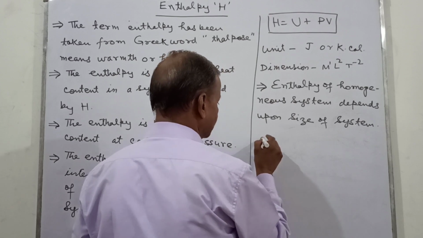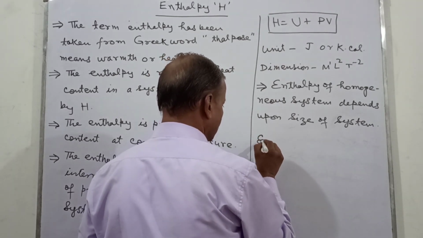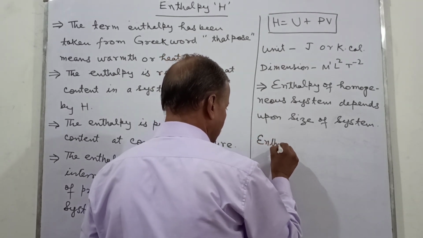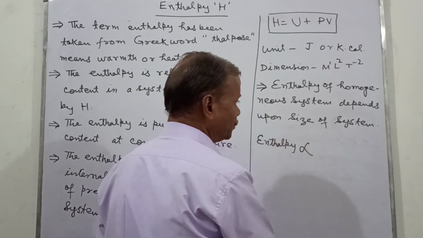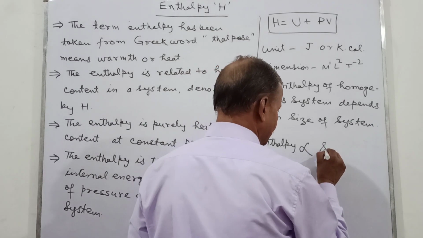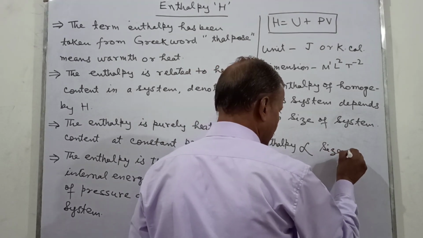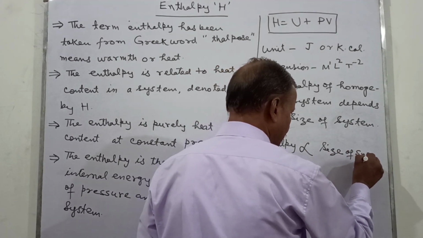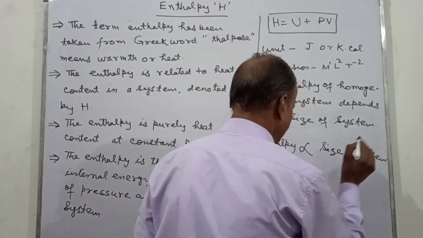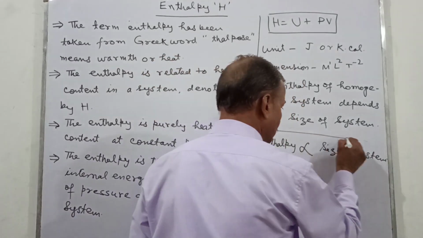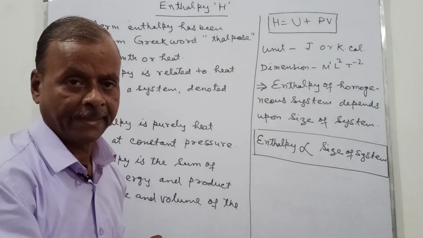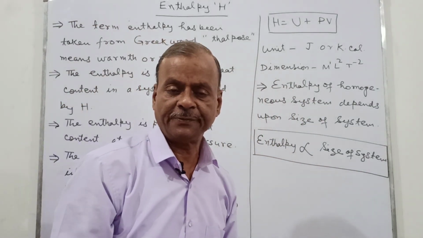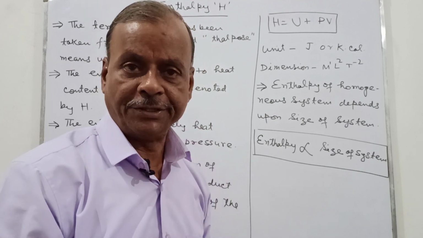It means that this enthalpy of a homogeneous system is proportional to the size of the system. This is for a homogeneous system, because the homogeneous system has the same structure at all points inside it.